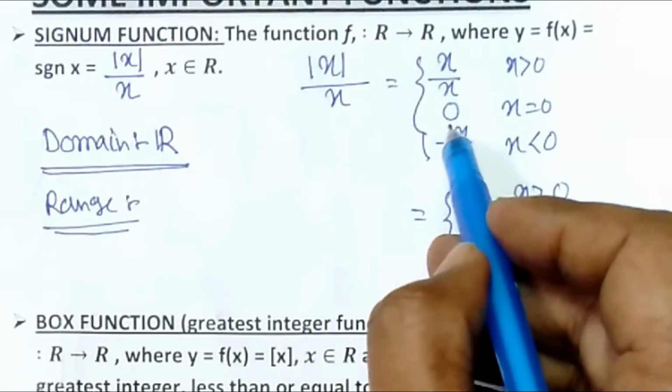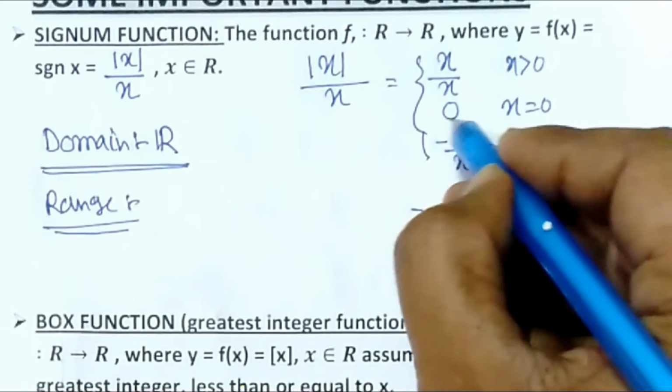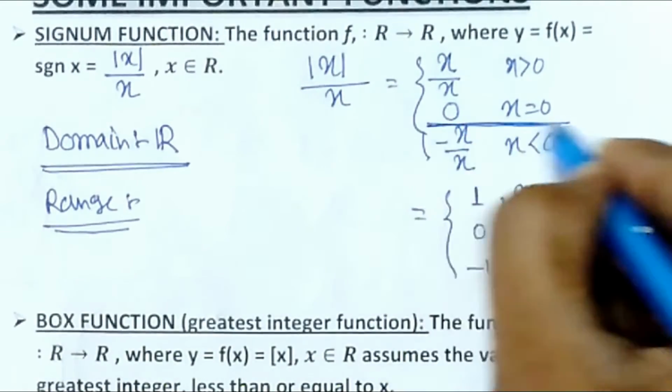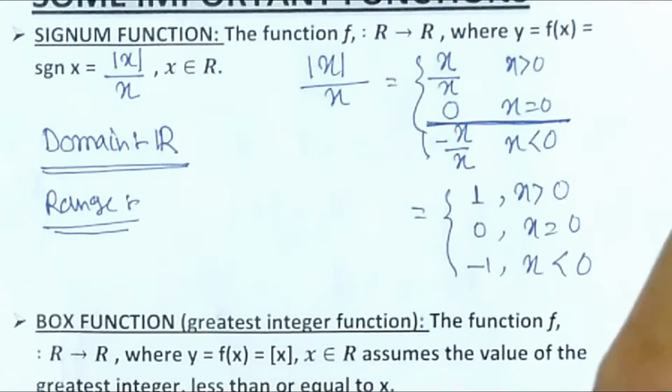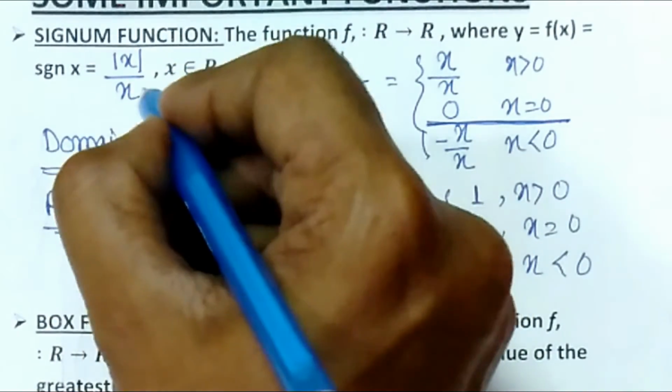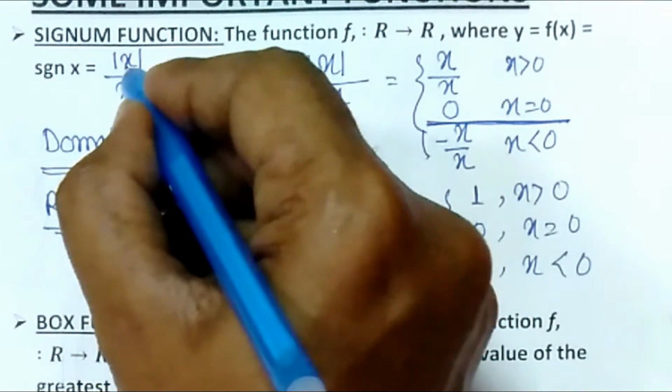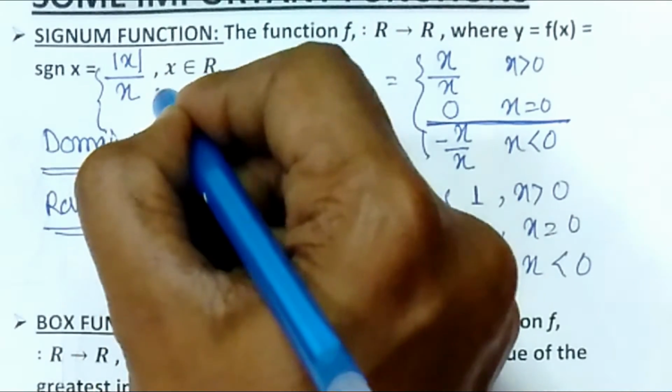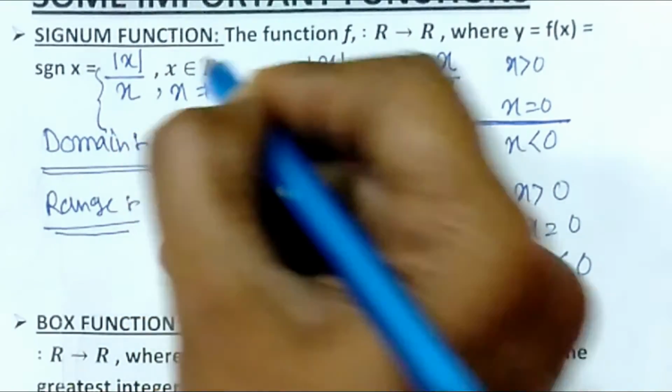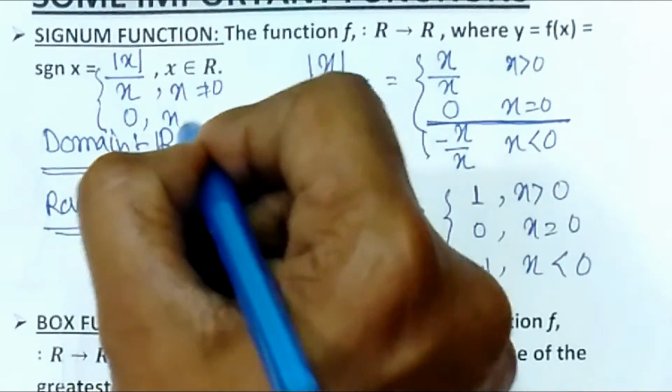Don't make a mistake here. It is already defined that when x is 0, the Signum function is 0. You may write this as Signum x equals to mod x by x when x is not equal to 0, and 0 when x is 0.